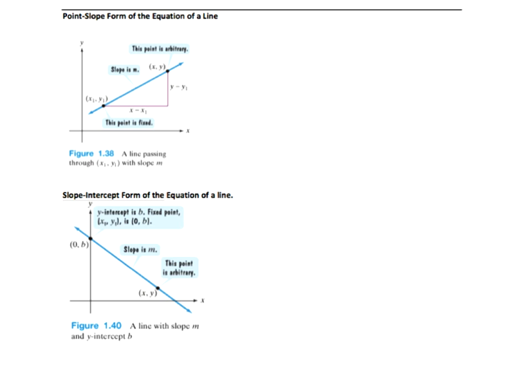So I'll write both of them and break them down for you. The point-slope form of a line actually comes directly from the formula for slope. I won't go into detail. If you're interested, it talks about it in your book. I'll just give you the formula here and tell you what each of the pieces is.